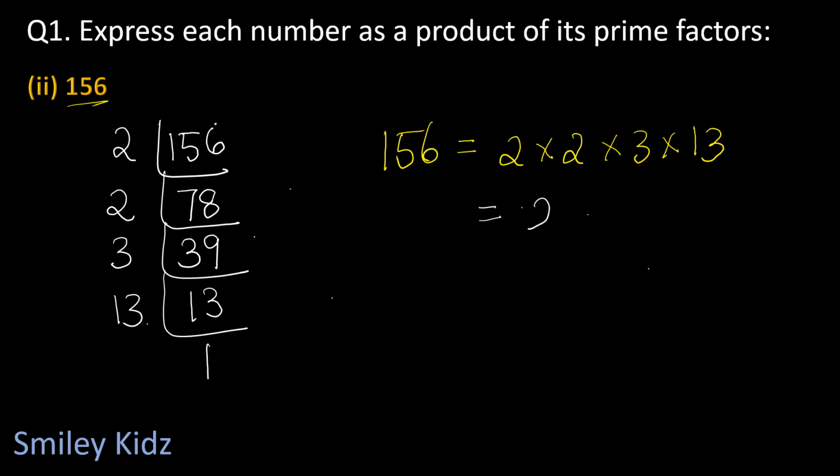It is nothing but 2 square times 3 to the power of 1 and into 13 to the power of 1. It's not required to mention to the power of 1 since it means the exact same thing. Therefore, the prime factorization of 156 is 2 square times 3 times 13.